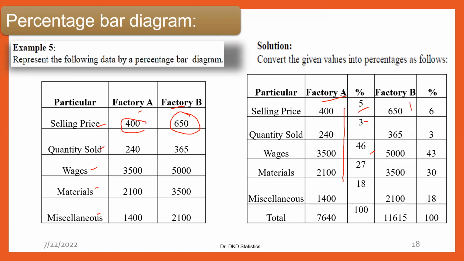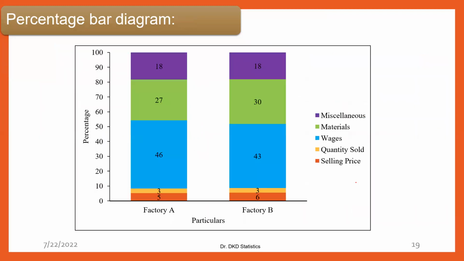In the same way for factory B, we calculate the percentage for each item and plot it through the graph. So this is factory A and this is factory B. This is the miscellaneous item, this is the materials, this is the wages, this is the quantity sold, and this is the selling price.